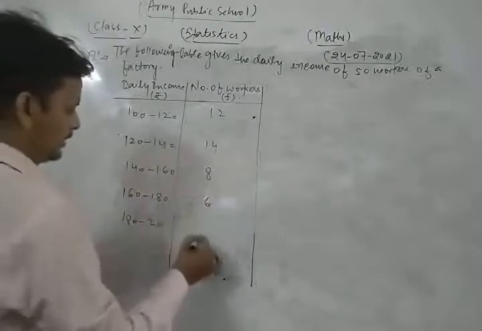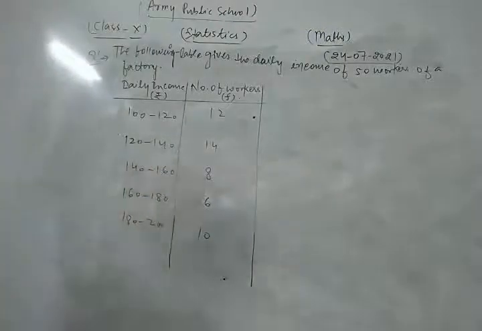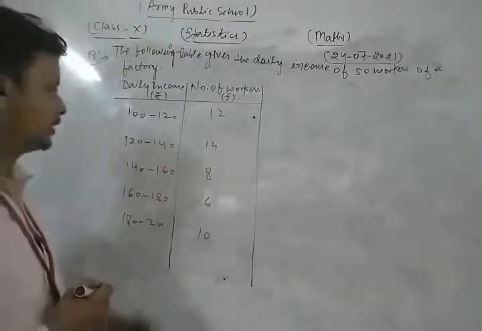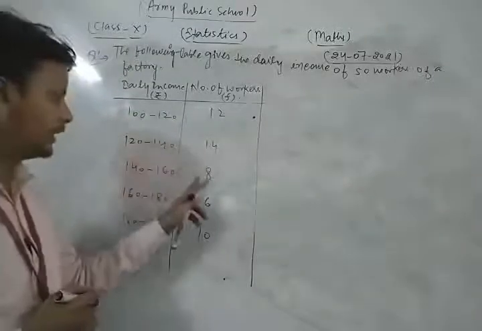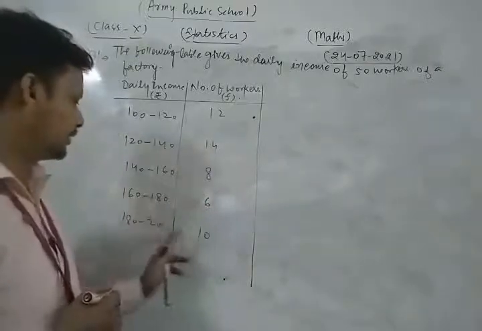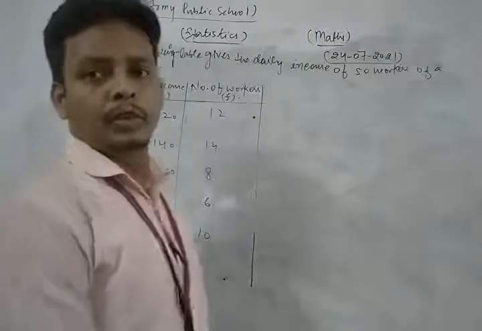Means 12 workers earn daily income 100 to 120 rupees, 14 workers 120 to 140, 8 workers 140 to 160, 6 workers 160 to 180, 10 workers 180 to 200.